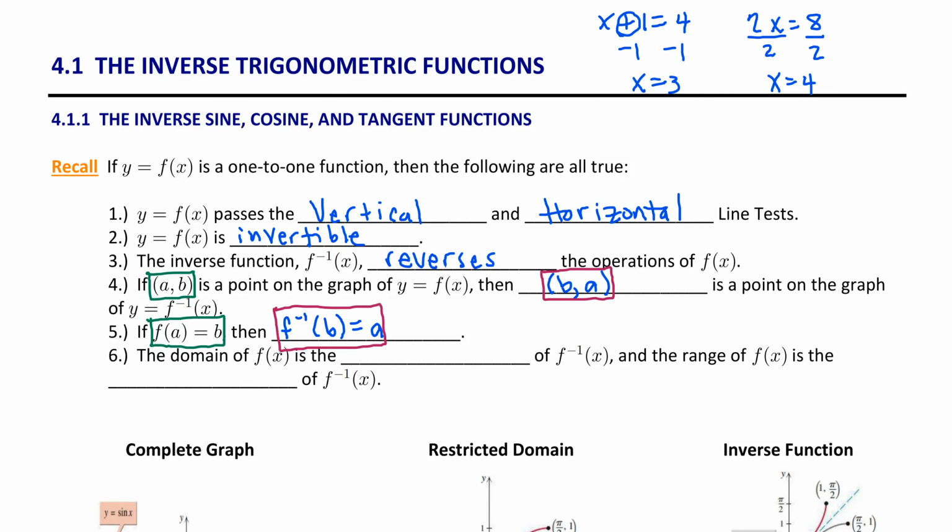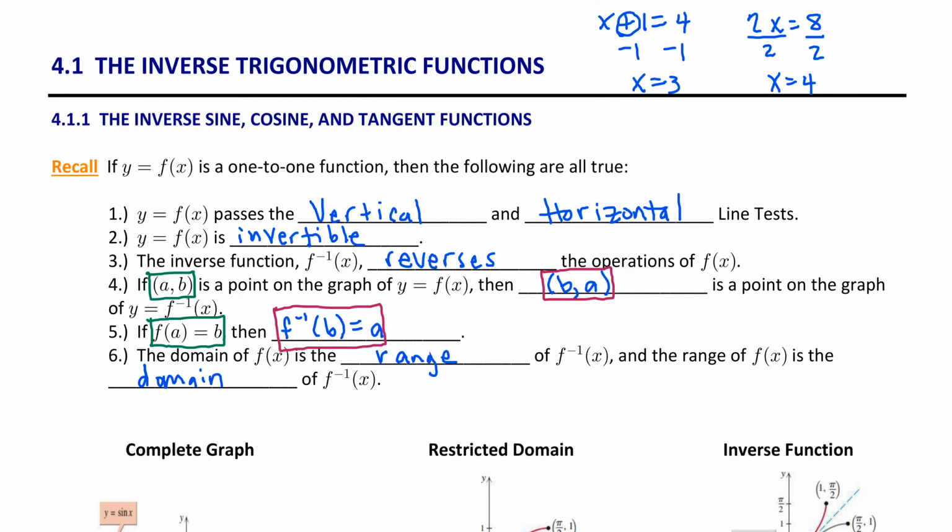And one last observation: the domain of the original function f of x is the range of f inverse of x, and the range of the original function f of x is the domain of f inverse of x. Where we switched x and y point by point in our example up here, when we switch every single x and y for the entire function, that's also going to reverse the domain and range for your inverse function.